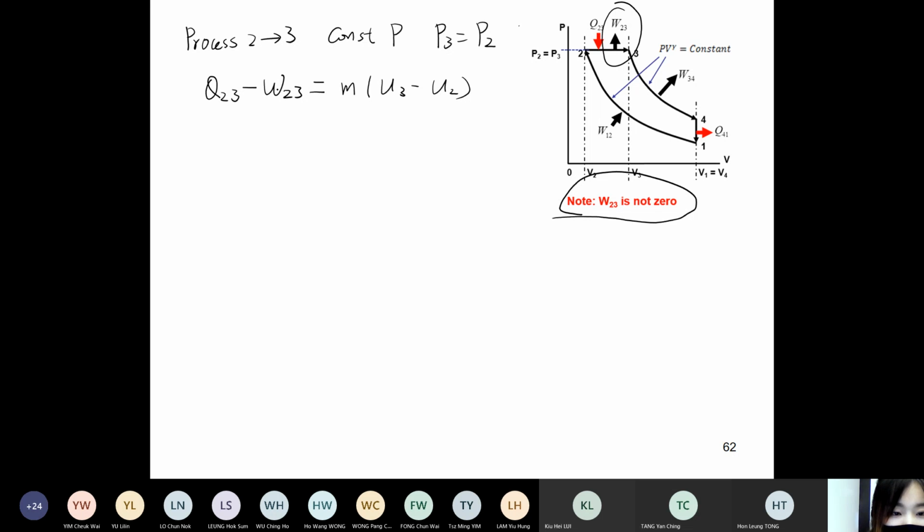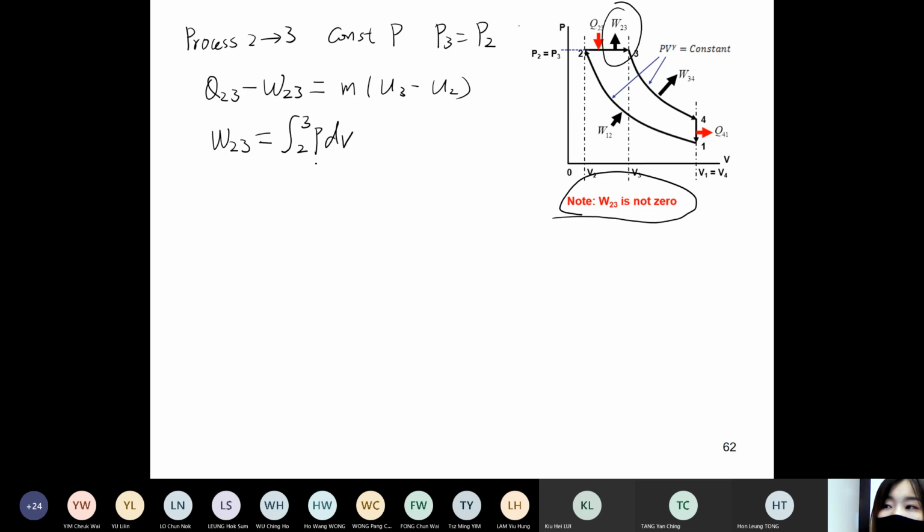What should we do? For the piston and cylinder, what is your work output? The definition for work is PdV, right? Remember this?